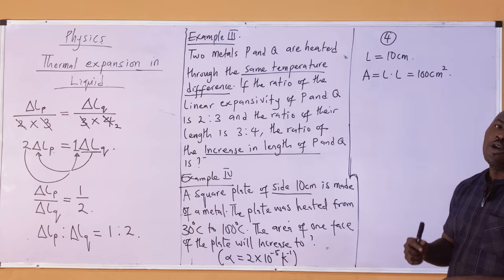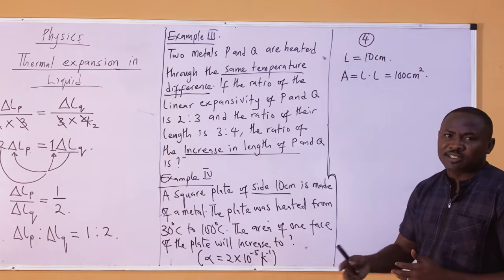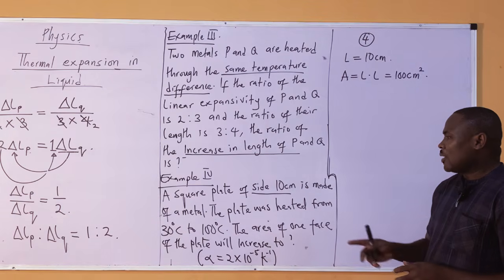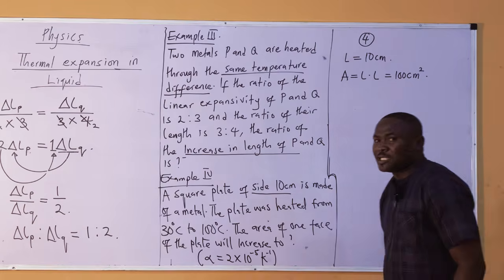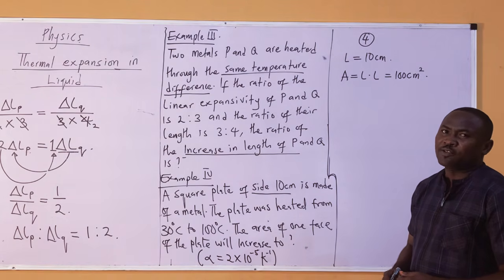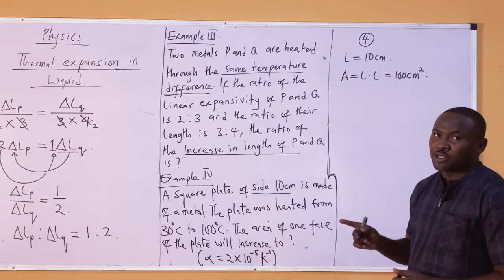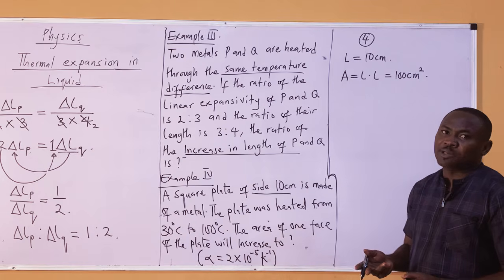So we are looking for the increase in the plate after being heated. Now they gave us linear expansivity. They did not give us area expansivity. So you know that area expansivity is equal to 2 times linear expansivity.